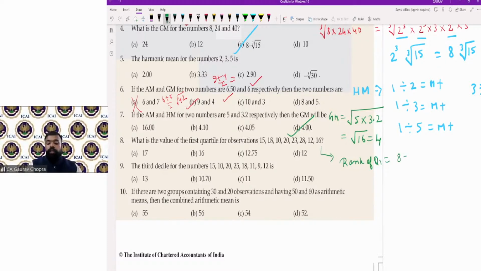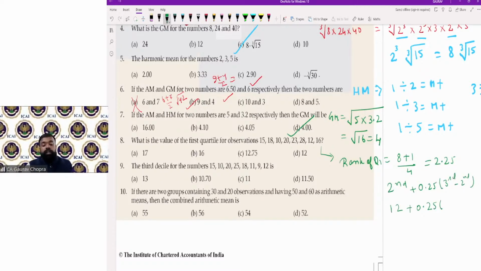So what will be the rank of Q1? 8 plus 1 upon 4. It is 2.25 rank. Now 2.25 means between second and third. So second plus 0.25, then third minus second. Now what is the second value? Second is 10, then 12 plus third minus second.